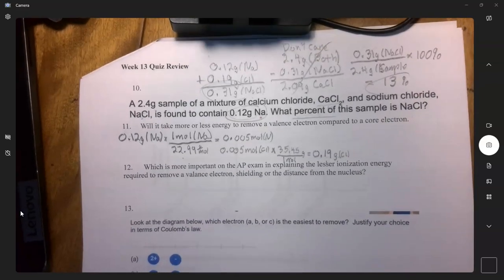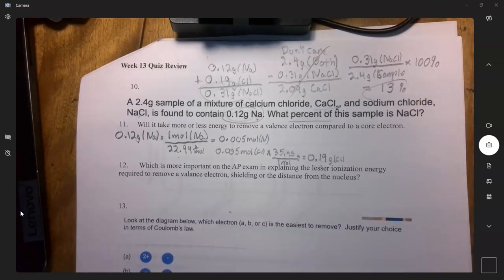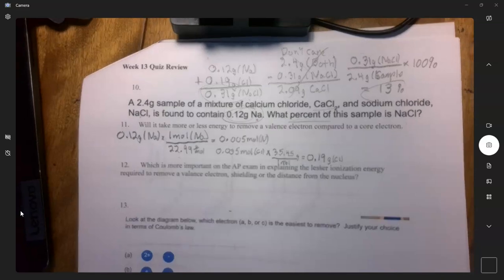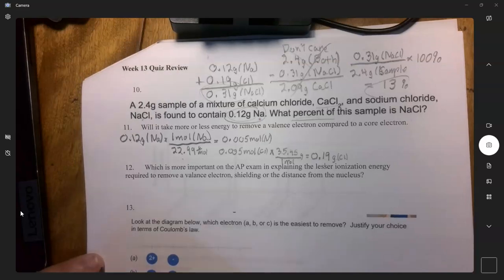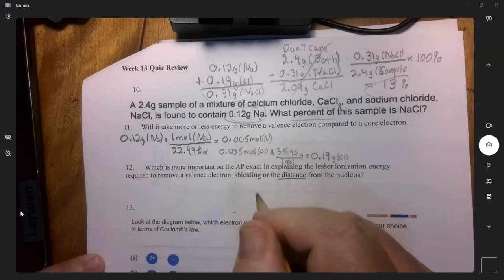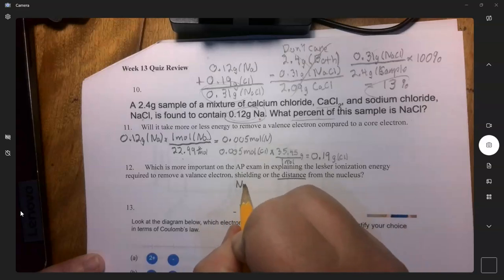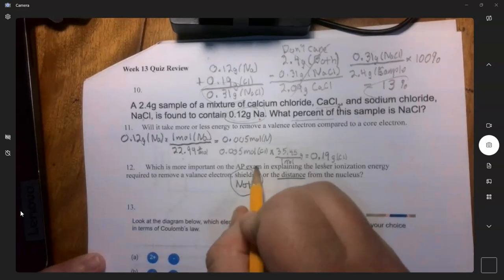Okay. Which is more important on the AP exam, explaining the lesser ionization energy to remove a valence electron? Say, why is it less from lithium than it is from chlorine? And the answer is distance. It's distance, not shielding. You could say shielding, but that's not what they want to hear.